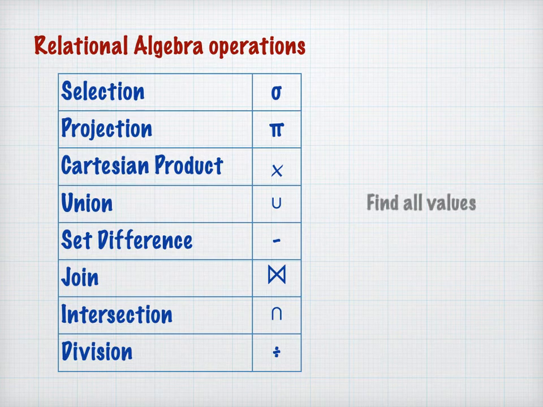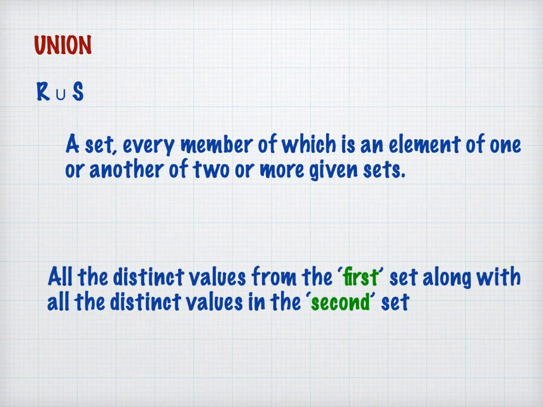So we've got union, which is a way of combining all the values from two different data sets together. If you've done some set theory, it's the same concept here as, for example, R union S, and we use the U symbol here, which is a set, like a table.